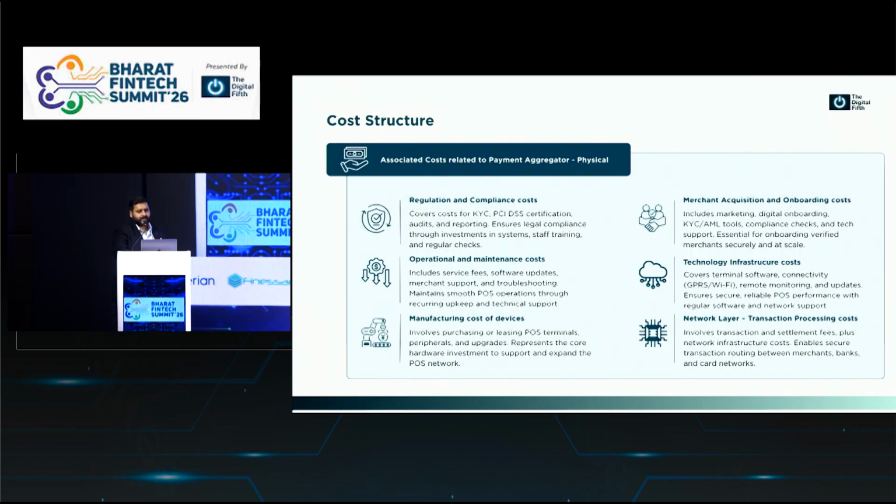Cost perspective: from the payment aggregator's perspective, typically on the physical side, there are regulation and compliance related costs. This covers KYC. A major part of merchant onboarding is merchant due diligence, which has been stressed by the regulator, because for any merchant you onboard, you have to identify the type of merchant and what services they provide, and according to that the merchant category code has to be tagged.